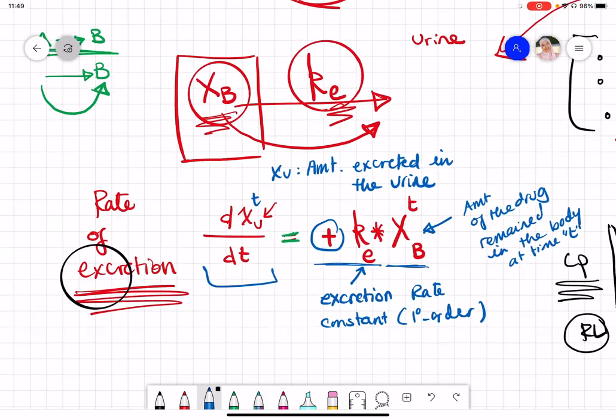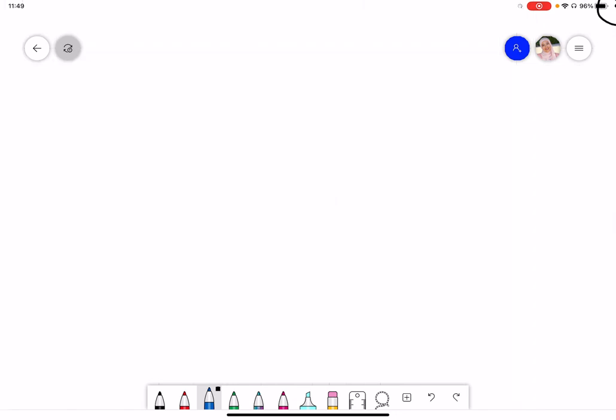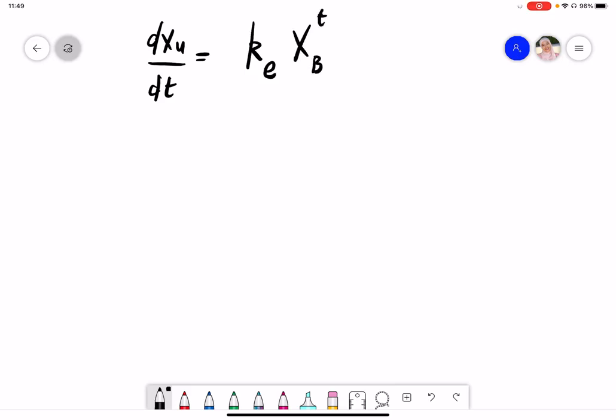So I will just rewrite it again here. Let's rewrite our equation. Again, don't forget that we are talking about excretion, and this is the rate of excretion.